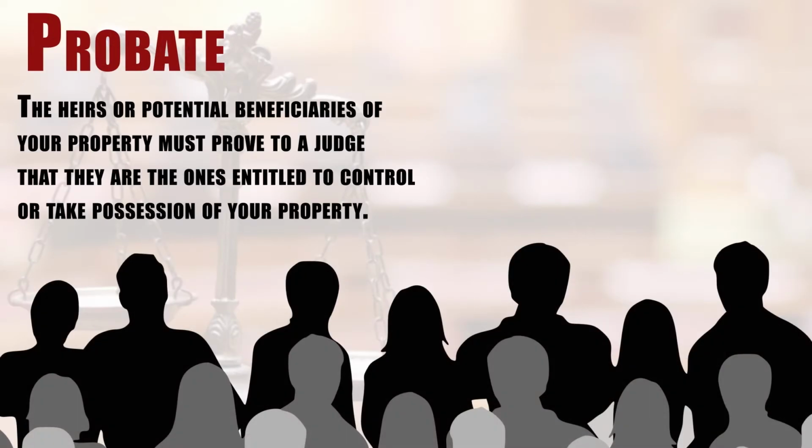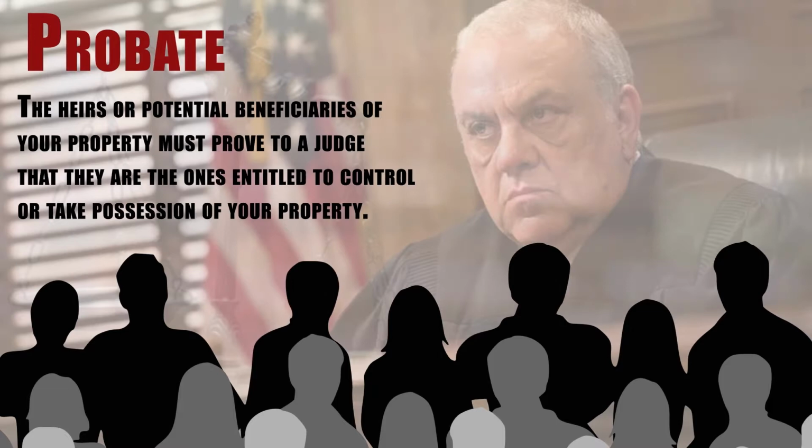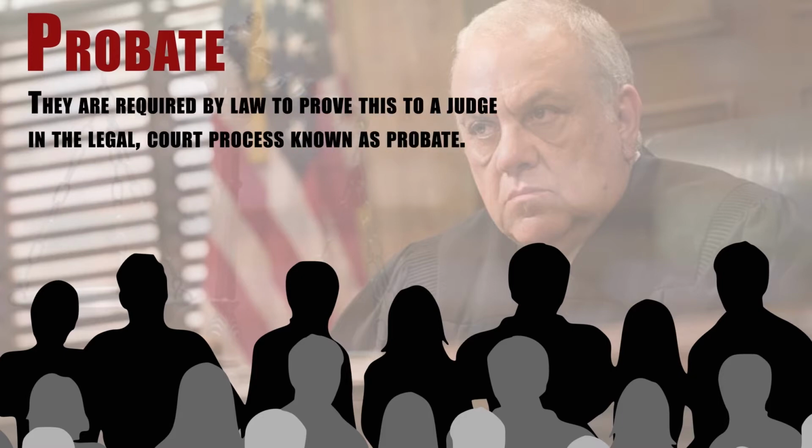The heirs or potential beneficiaries of your property must prove to a judge that they are the ones entitled to control or take possession of your property. They are required by law to prove this to a judge in the legal court process known as probate. Remember, probate is the legal process of proving who is in fact entitled to control or take possession of your property after your death.